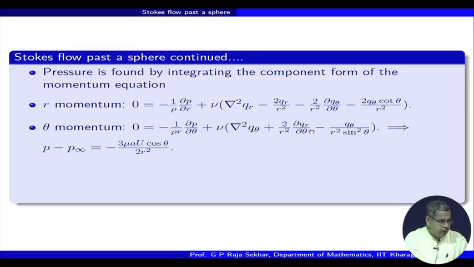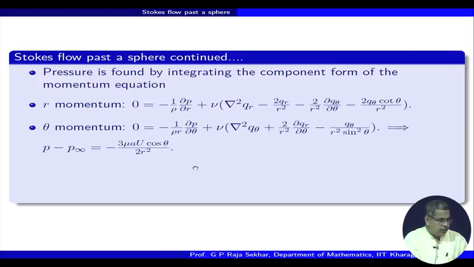So, we substitute and then integrate this, then you will get a function of theta, and then use this and determine the function of theta. One can determine the pressure up to a constant. So, that constant is P infinity. Okay. So, P is given by this, P infinity minus this.